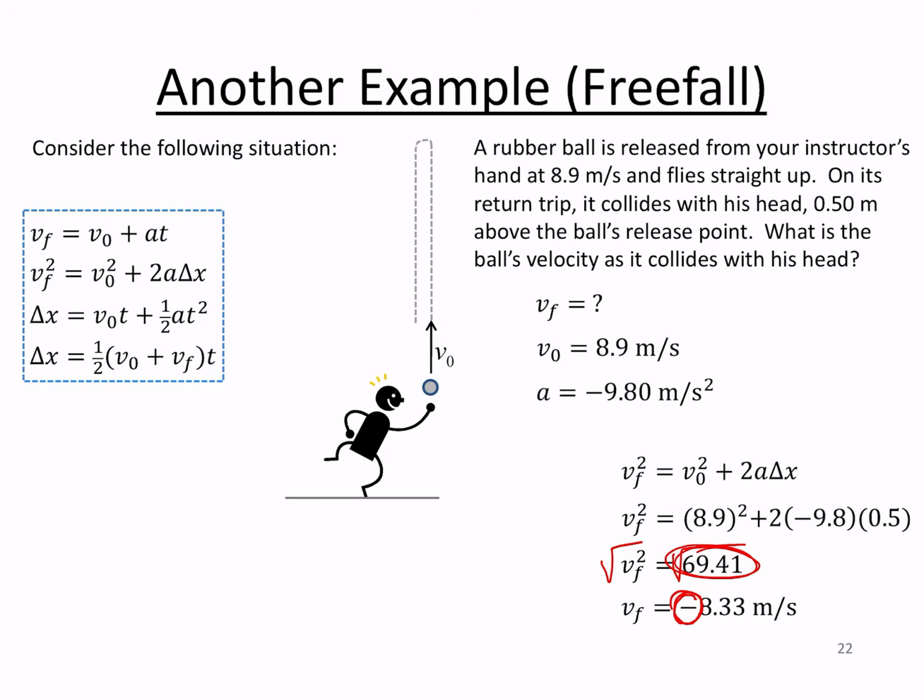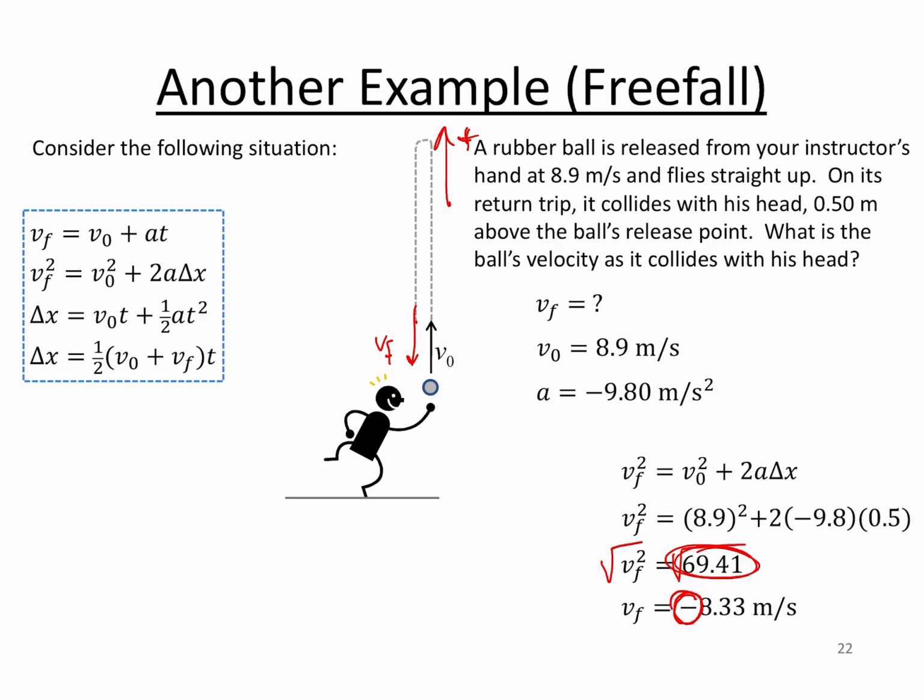The thing is, as physicists, we have to say, okay, there are two roots, that's the mathematics, and say, well, is this ball traveling down or up, right? Remember, up is positive in our coordinate system here. And the answer is when it's traveling back down towards my head, our final velocity, that instant before it collides with my head, it's traveling downward, so it must have a negative final velocity. All right? So don't lose sight of that.